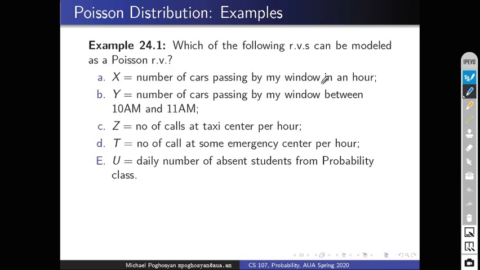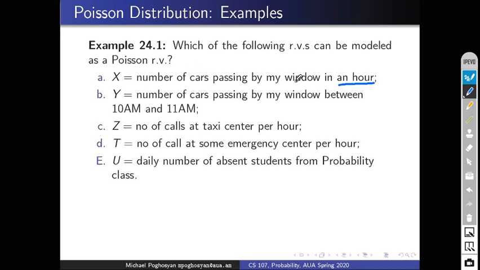In fact, no, because the number of cars will depend on the time of the day. Say when I consider 1 a.m. to 3 a.m., X will be very low. If I consider, say, 10 a.m. to 11 a.m., then X is not so small, say 3, 4, or 5.